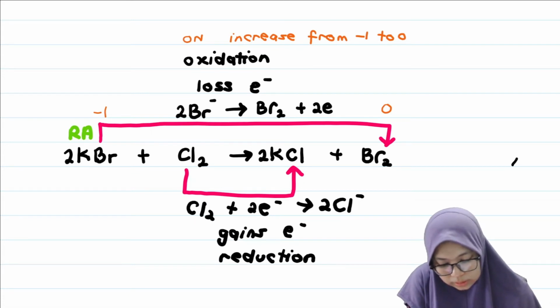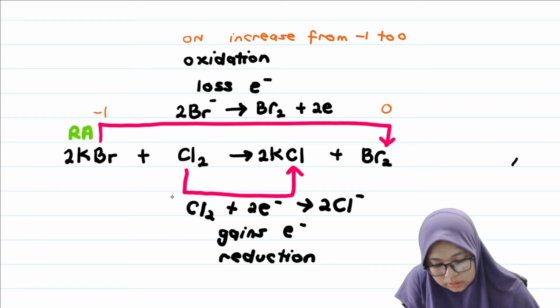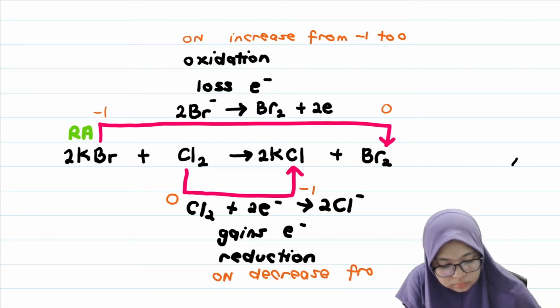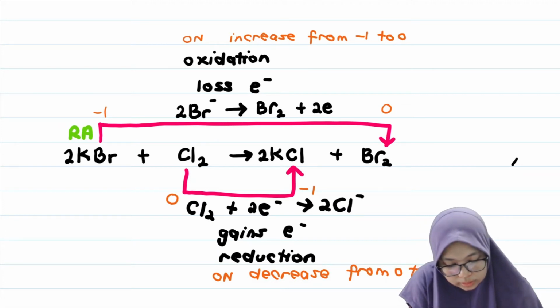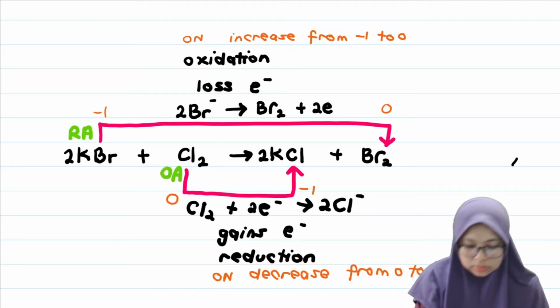Again, we can also explain it in terms of change in oxidation number. The oxidation number changes from 0 to -1. So you have a reduction reaction, where the oxidation number decreases from 0 to -1. So chlorine is the oxidizing agent.